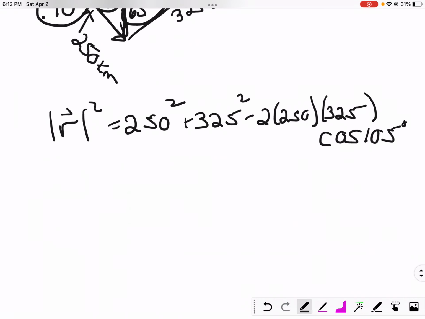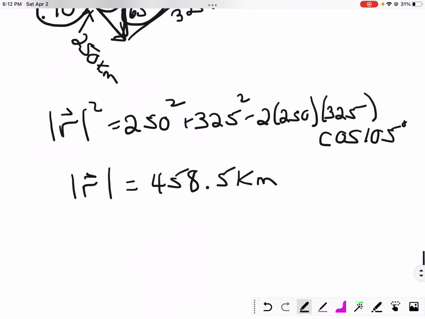And you can do the square root of both sides, evaluate this all in one step, and we're going to get that r, the magnitude of r, sorry, is 458.5. And this is displacement, which is the vector form of distance, and it's in kilometers.